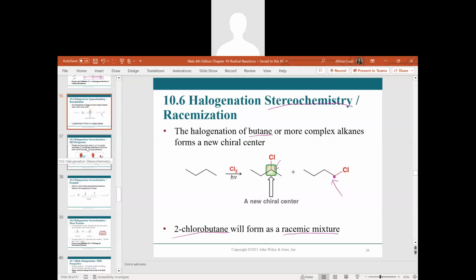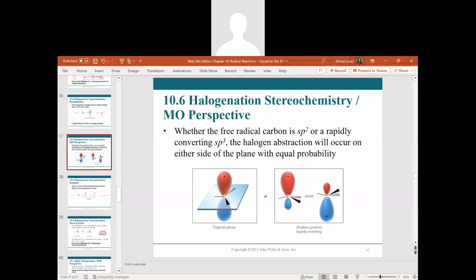So let's see why this happens. In an earlier section, we looked at the molecular geometry of a free radical carbon and whether we said it was sp2, which it seems to be most like, or a rapidly interconverting, shallow, trigonal pyramidal sp3.